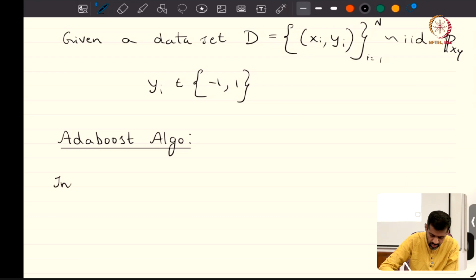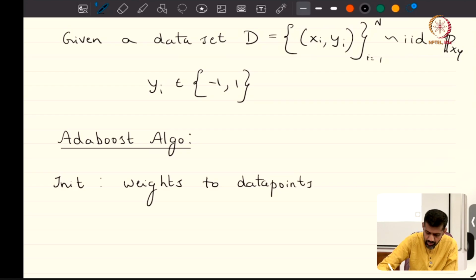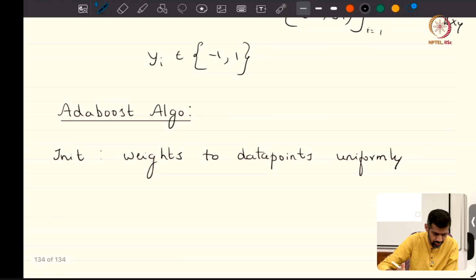Initialize weights to data points uniformly. Let's call them w_i^m, where m is for the mth iteration.